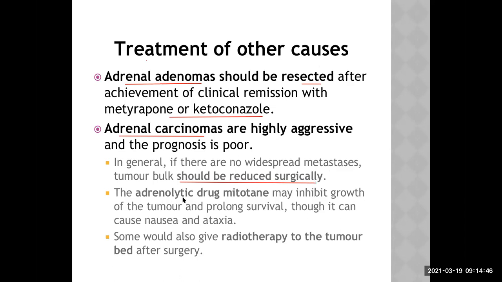The adrenolytic drug called mitotane may inhibit growth of the tumor and prolong the survival, though it can cause nausea and ataxia. But these are not very important side effects. So mitotane can be used here. And then some would also give radiotherapy to the tumor bed after surgery. Radiotherapy is one of the options, and it has some side effects, but nevertheless, treatment of the cancer is an important point here.